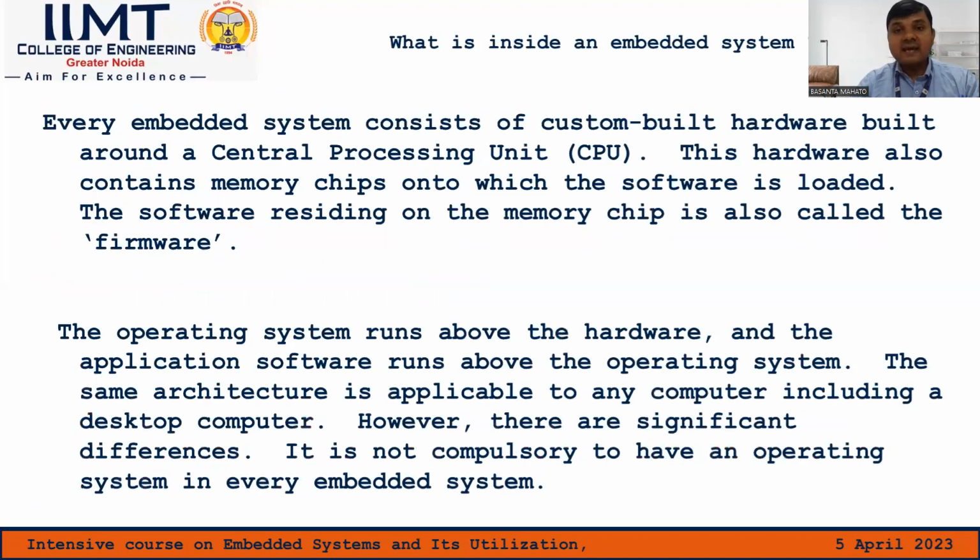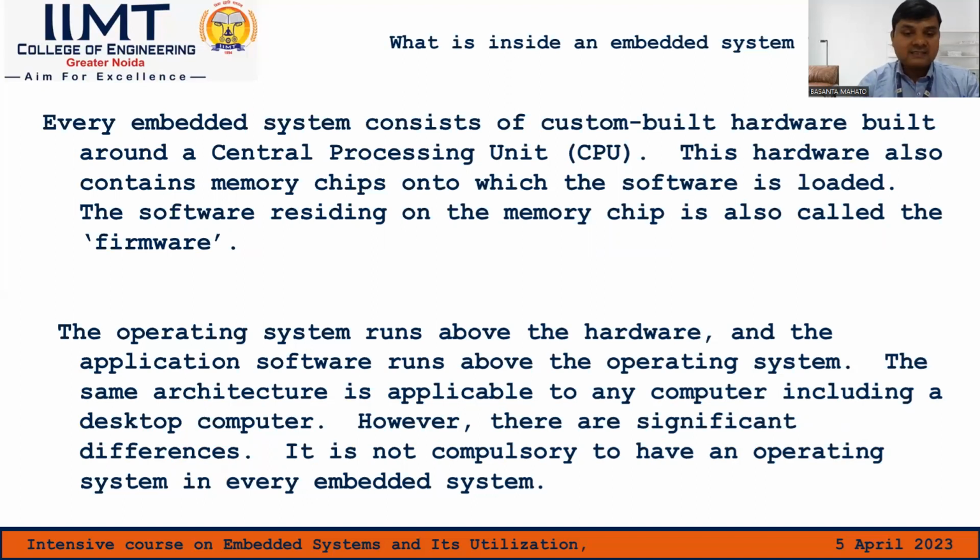Then what is inside an embedded system? What are the blocks inside an embedded system? Every embedded system consists of hardware built on a board, which is called the CPU. This hardware also contains a memory chip onto which the software is loaded. The operating system runs over the hardware and the application software runs above the operating system.